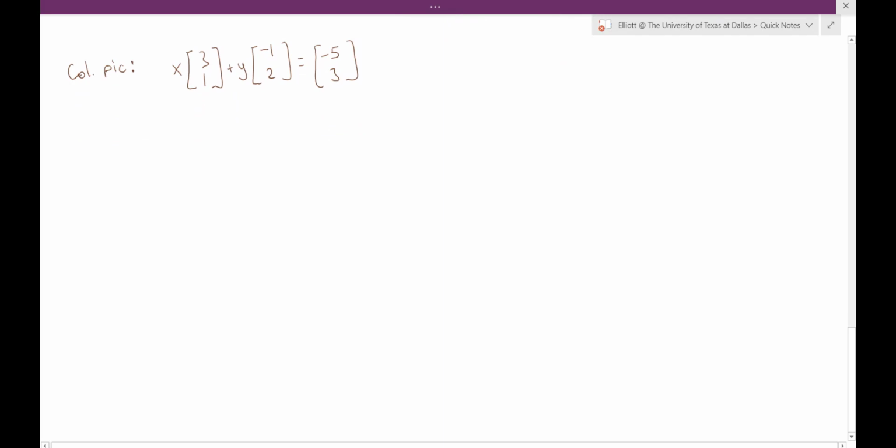So we took our system of equations and rewrote it. Now when you look at this equation, what we're trying to do is express the vector negative 5, 3 as a linear combination of the vectors 3, 1 and negative 1, 2.